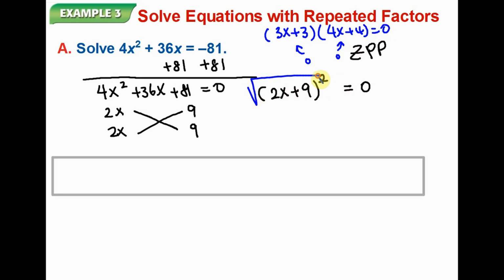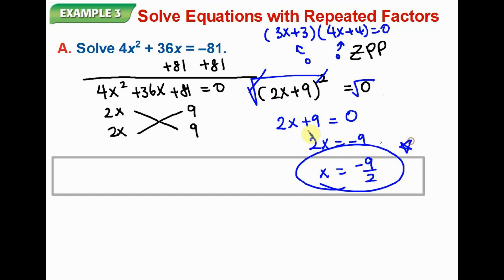If I take the square root on both sides, square root and square will cancel each other because they're inverse operations. You will have just 2x plus 9 is equal to square root of 0, which is, well, 0, and they don't have plus or minus sign. And when you solve this by subtracting 9, 2x is equal to negative 9, x is equal to negative 9 over 2. And this is going to be your answer of part A.